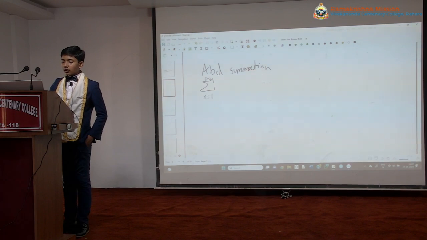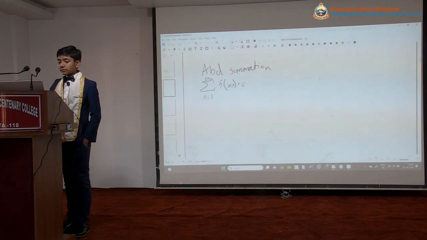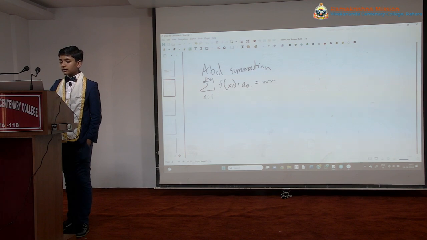Essentially, you have a function, f of x, and then probably n as well, and then you multiply that by some sequence a to the n, and it's going to give you the series out.